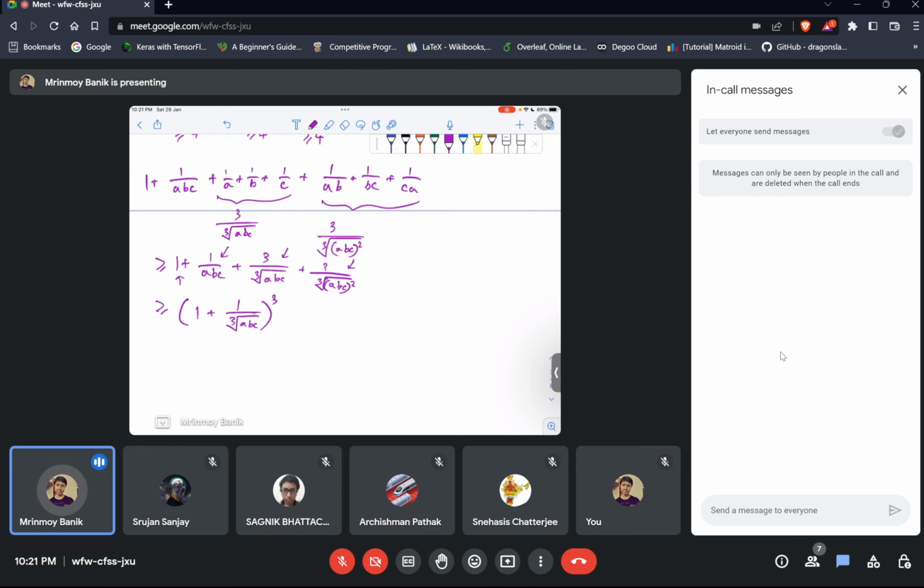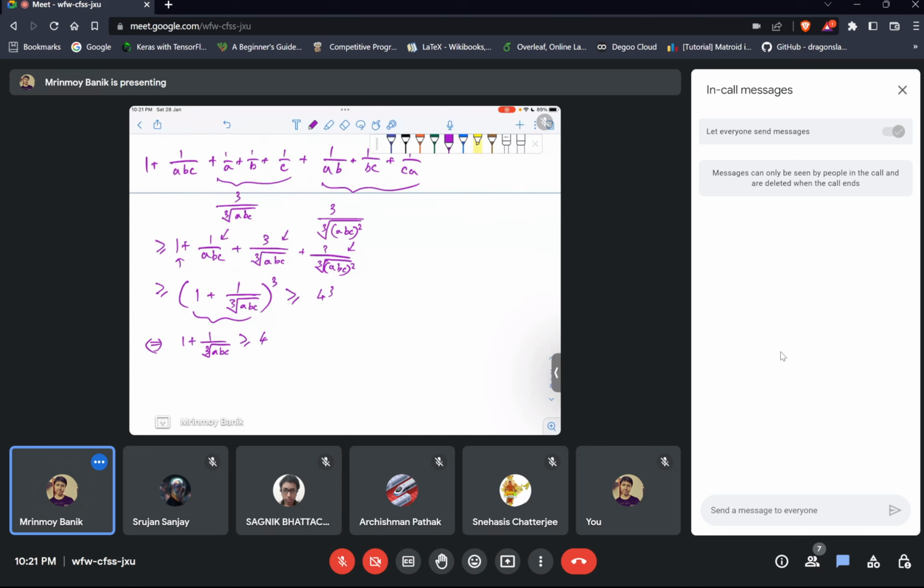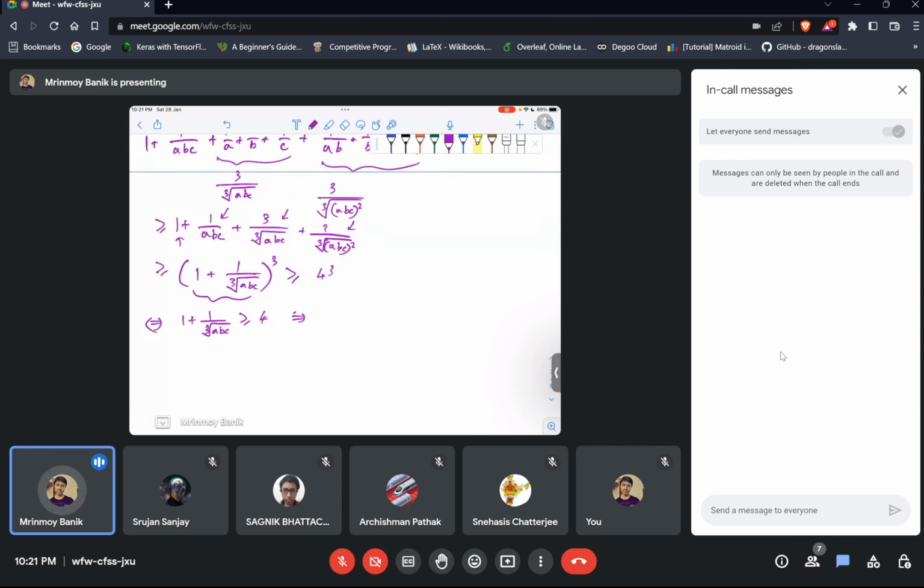We need to get the lower limit of 64. So we somehow have to show this is greater than or equal to 4 cubed. How to do that? So this is equivalent to saying... oh no, this is obvious.